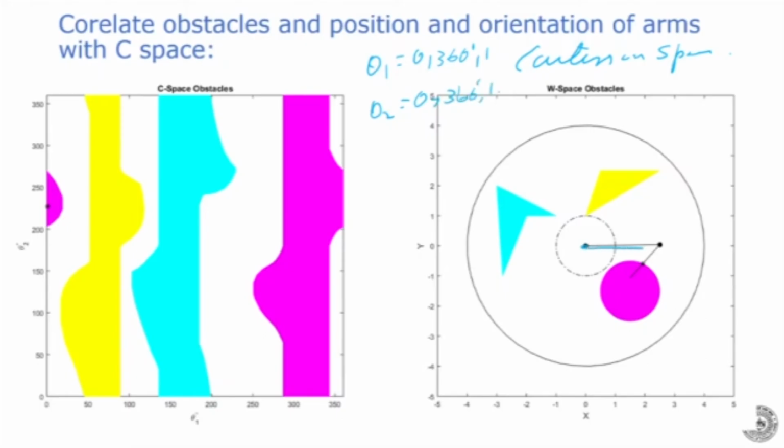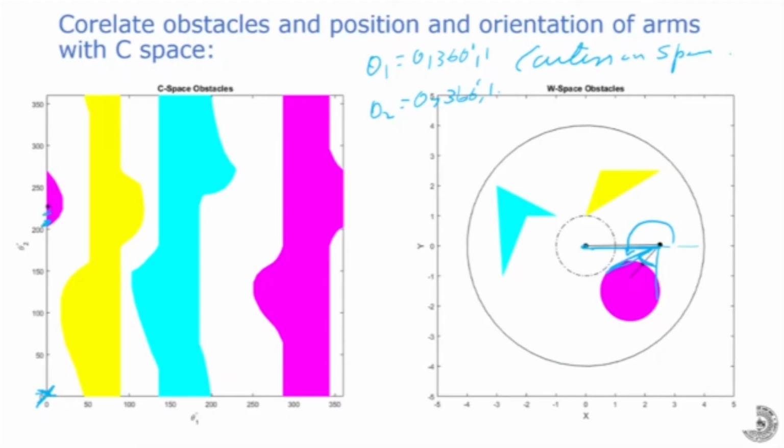When theta 1 is 0, theta 2 is going to rotate like this. From here to here, this much range, it is hitting the red obstacle. Look at the left side figure: theta 1 equal to 0 is here. We are measuring counterclockwise, so it goes till about 210 degrees where it is hitting.